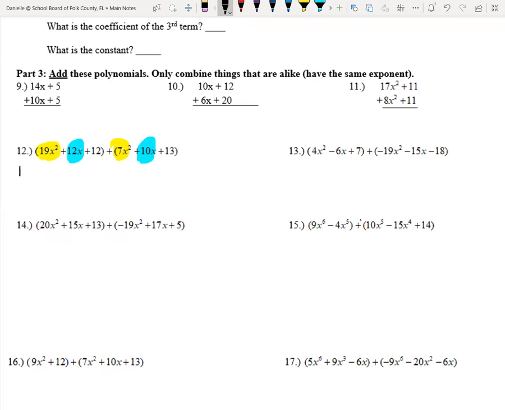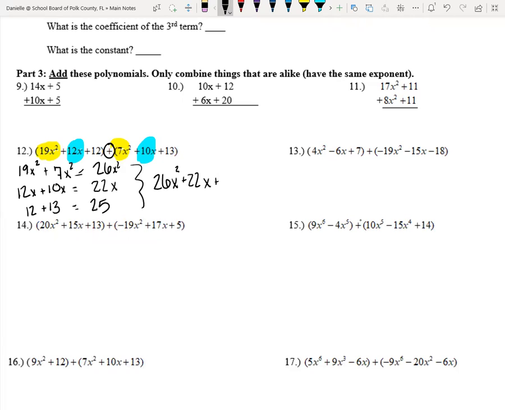So first thing we need to do is 19x squared plus 7x squared, 12x plus 10x, and 12 plus 13. 19 plus 7 gives me 26x squared. 12 and 10 gives me 22x and 25. So my polynomial would be 26x squared plus 22x plus 25.